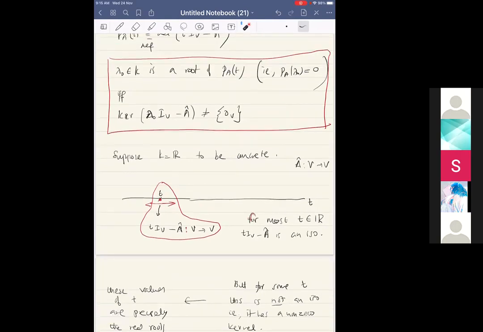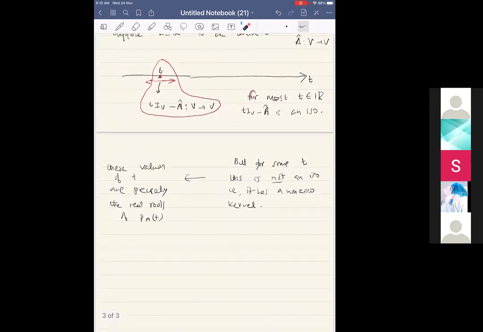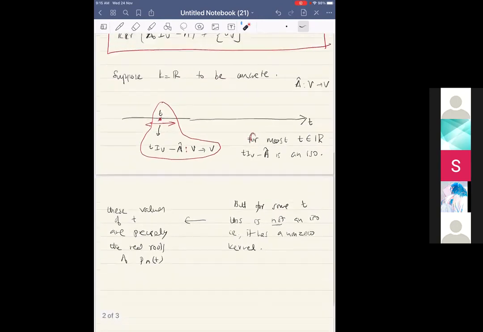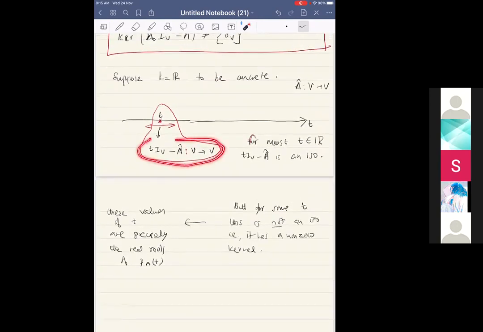What this says is that as you vary t along the real line, t being the coordinate on the real line, for most values of t, this linear map is an isomorphism. But whenever t coincides with a root of the characteristic polynomial, this linear map has a non-zero kernel, which means it stops being an isomorphism at those points.